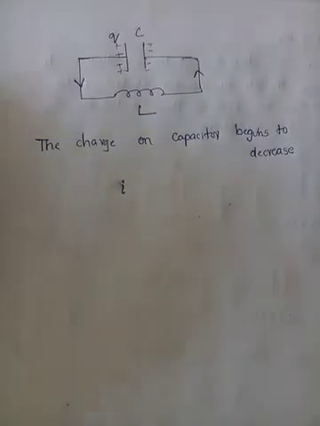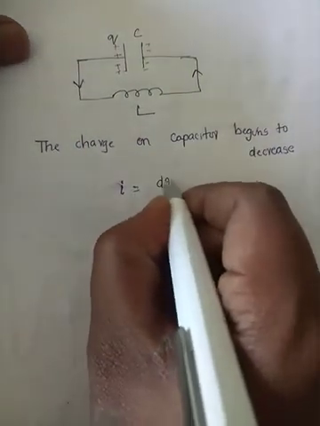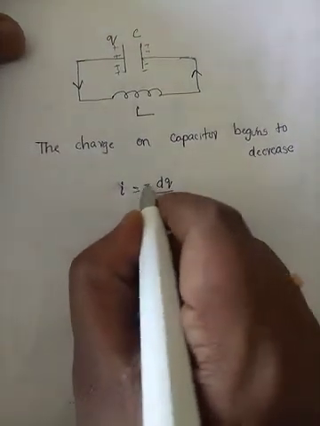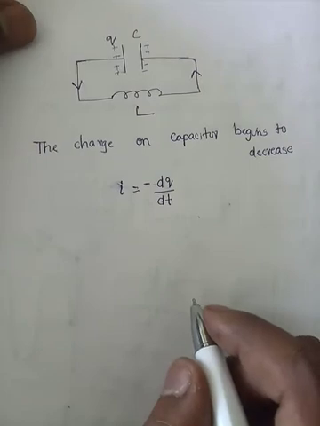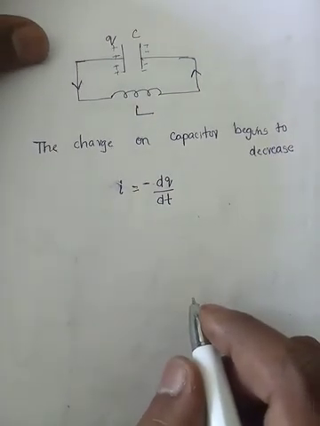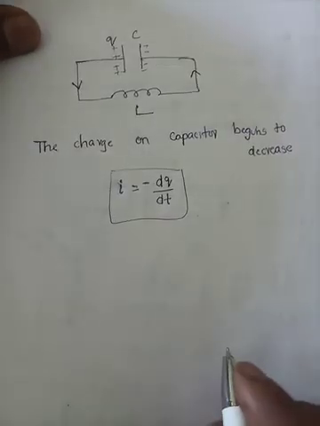Since the charge is decreasing, we consider the current as I equals dq by dt, the rate of flow of charge, but the charge is decreasing and giving rise to current. So we write I equals minus dq by dt.